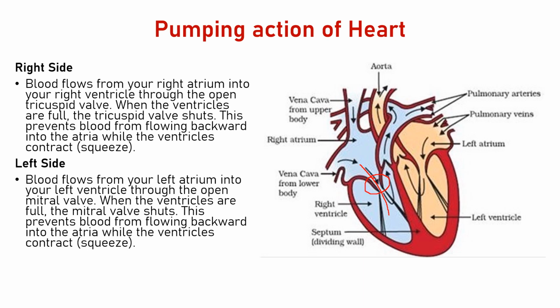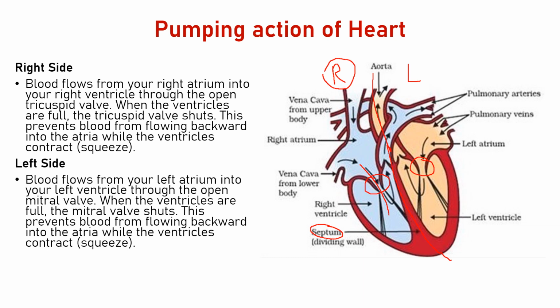And here a bicuspid valve on the left part of the heart. And the whole heart is divided into the right and left part by a septum. This is a septum which is dividing whole heart into right and left part. This is my right part of the heart and this is the left part of the heart. And on the right part of the heart, you will always find deoxygenated blood.